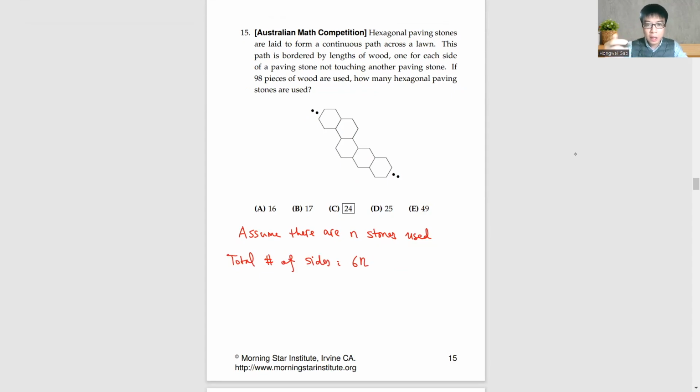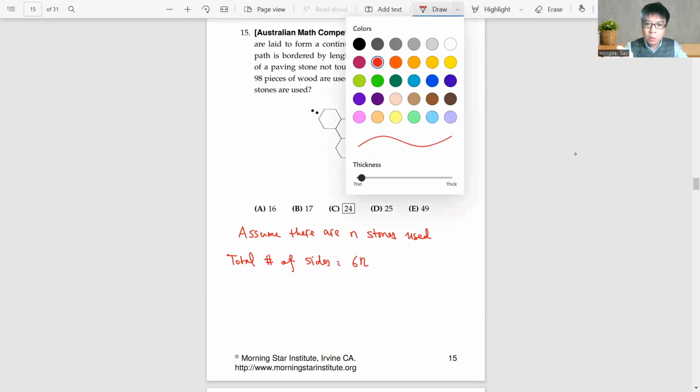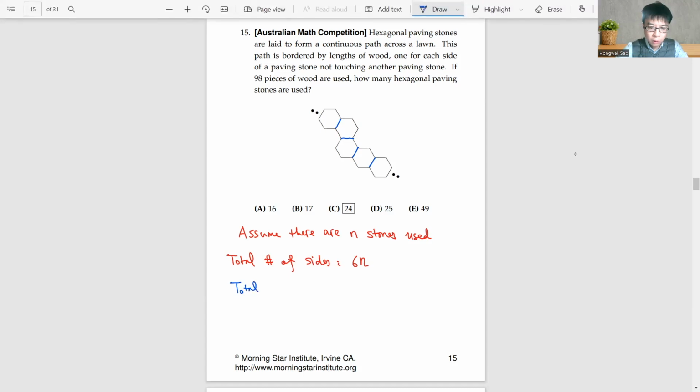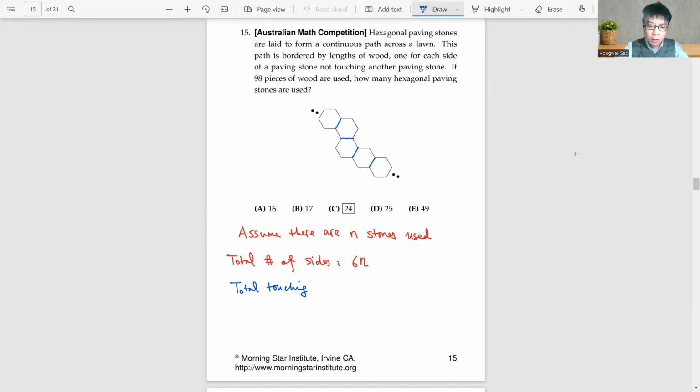But not every side has a piece of wood used. The place that is not used is when 2 stones touch. 2 consecutive stones touch each other at one side. So we have totally n stones. That means the total touching is n minus 1.